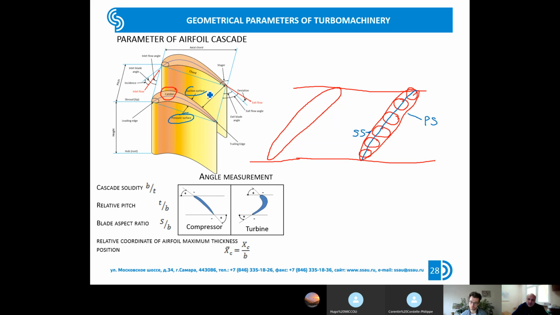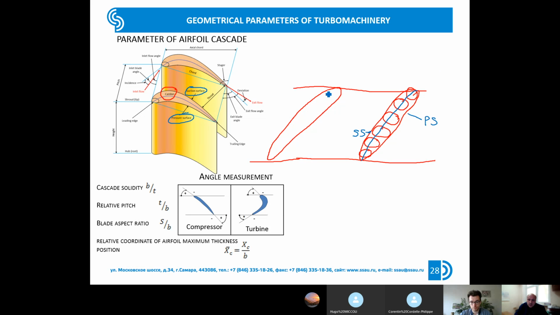We will use such short names because we will very often speak about the processes on the pressure side and the suction side. So that's the first definition, camber line.